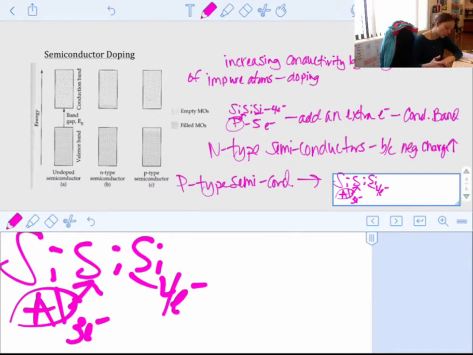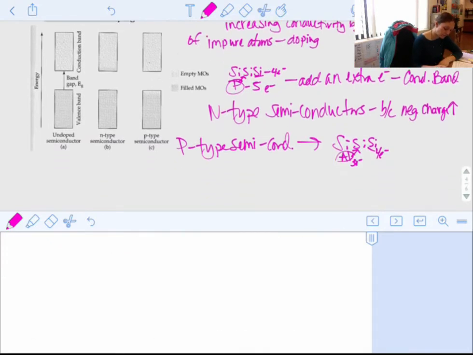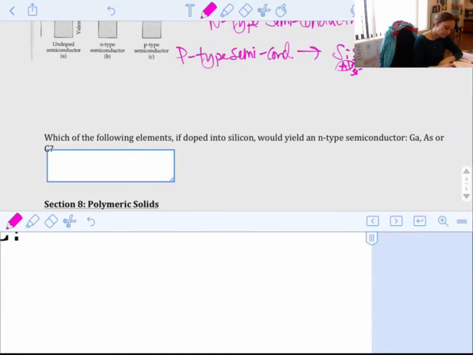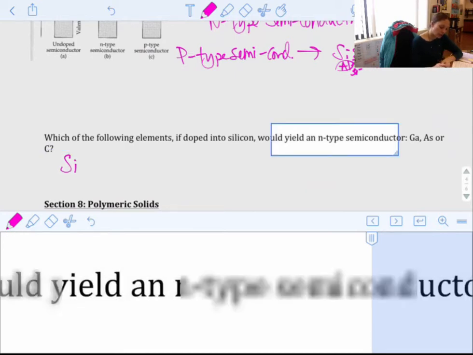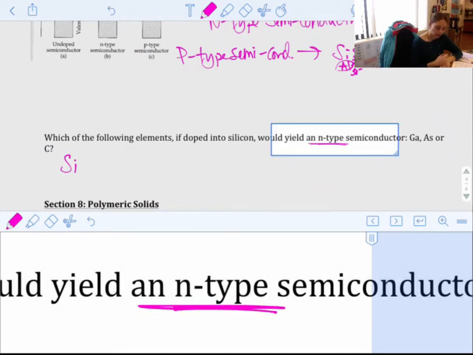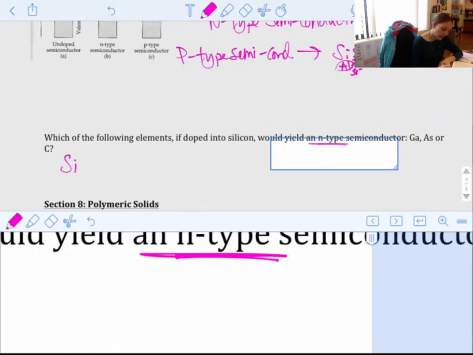Okay, so now we're going to figure out which ones are which type of semiconductor. If I have silicon to start, and I want to add Ga, As, or C, and I want to yield an N-type semiconductor, that means I want to add one that has more valence electrons than Si.